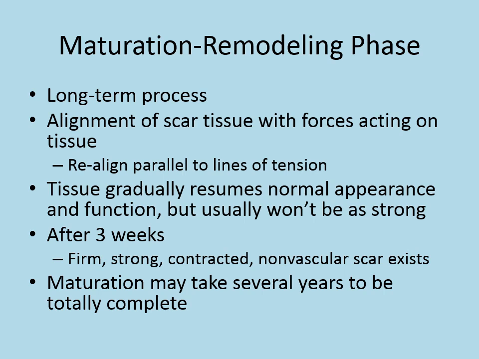The scar just isn't as strong until years later. After about, again, 3 or 4 weeks, we get a firm, strong, contracted, non-vascular scar. And then over time, we'll start to get more blood vessels populating the area, and the scar will start to look more like or act more like normal tissue. And again, that maturation may take several years to be totally complete.